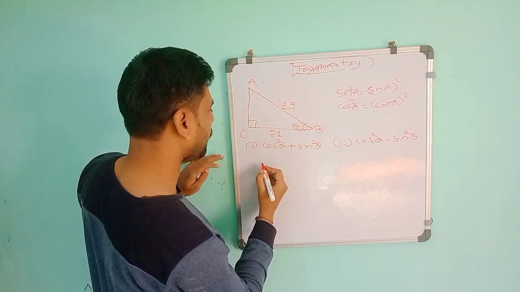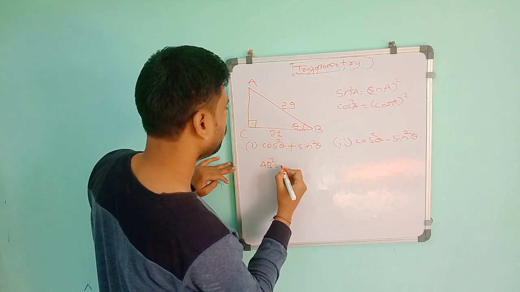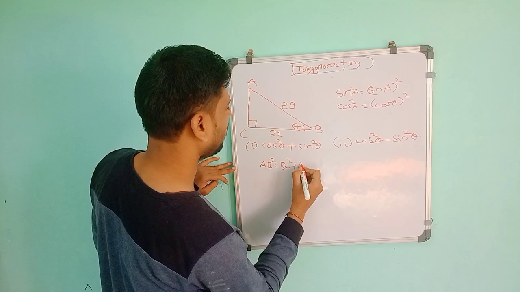If you take the hypotenuse square, AB square is equal to BC square plus AC square.